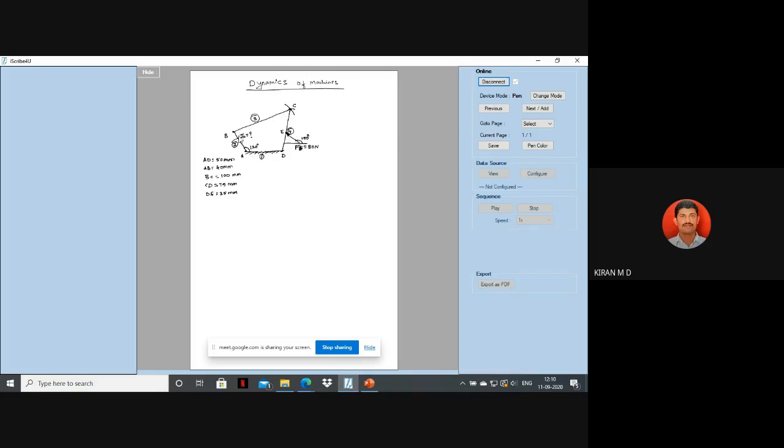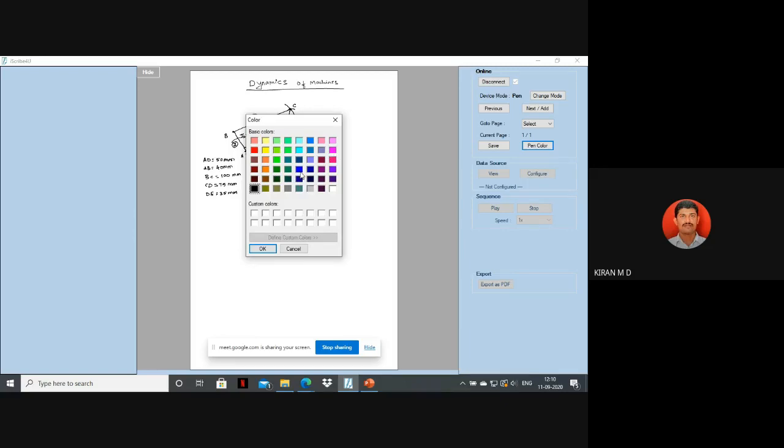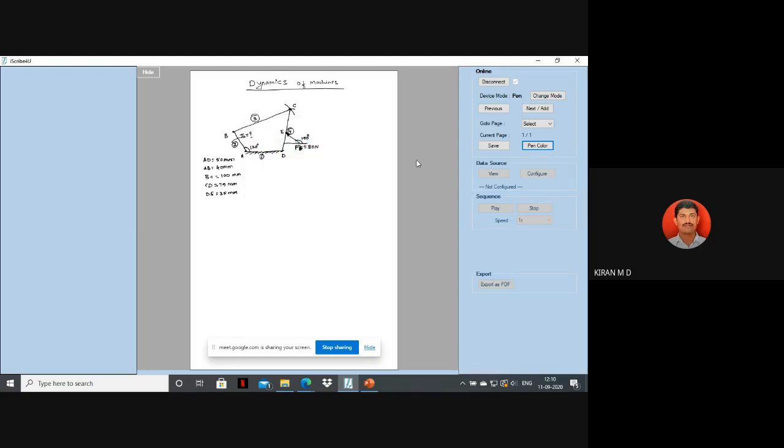So now what are the forces it will develop? If I draw the link 1, okay, I will show here. If it is link 1, for this link 1, what is the force it's acting?